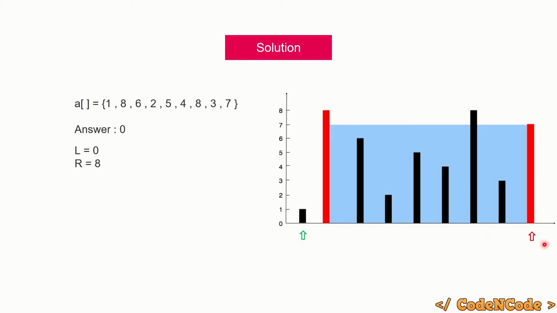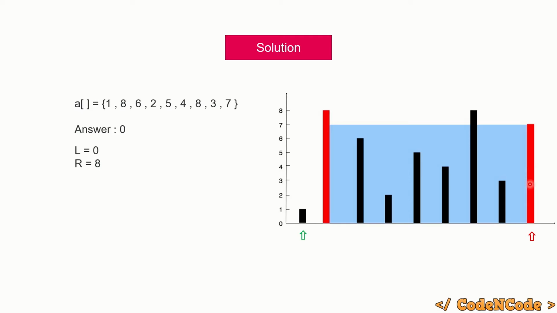So L and R, right? Now how we'll solve this problem is this. I told you that for each line we will try to find out what is the maximum water it can store with the help of some other line, of course. So if you look at these two lines, L and R, which one will be able to satisfy the need of the other?